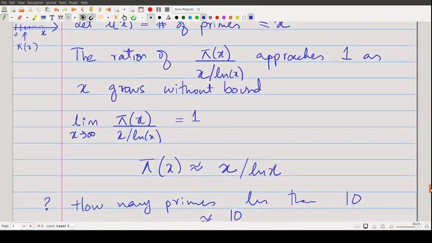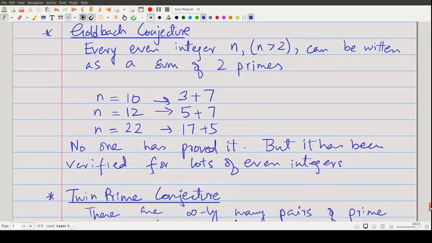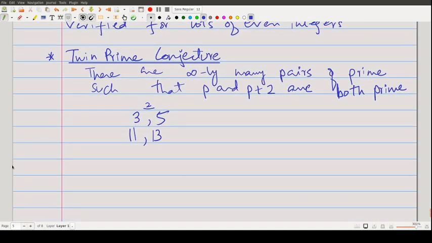The conjecture says that there are infinitely many twin primes. People have been getting closer and closer, and the bounds have been reduced a lot. Lots of progress has been made, but we still don't have a proof for this, so it's not a theorem yet.